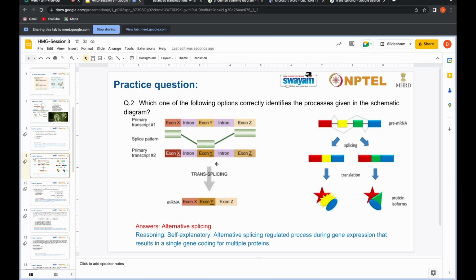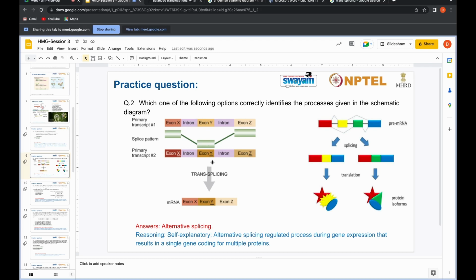So the first one is showing trans-splicing. There are three exons, exon X, Y, Z, and in another transcript there are exon X bar, exon Y bar, exon Z bar. In trans-splicing, exon Y is being replaced with exon Y bar. Both these exons are at the particular site.